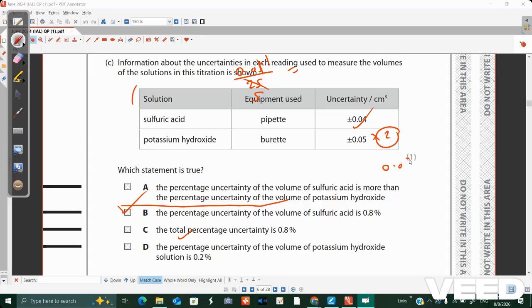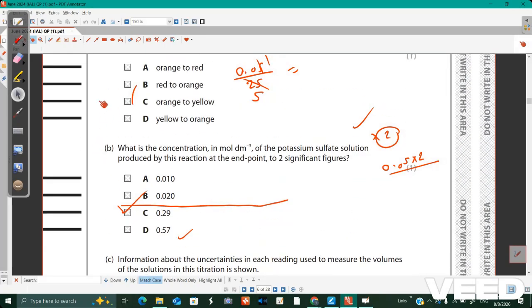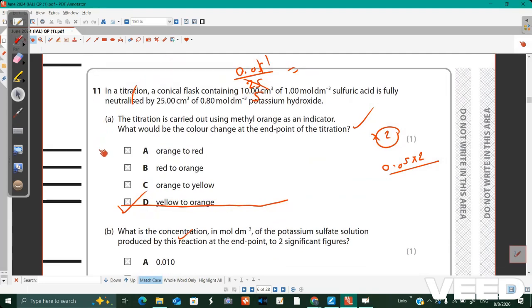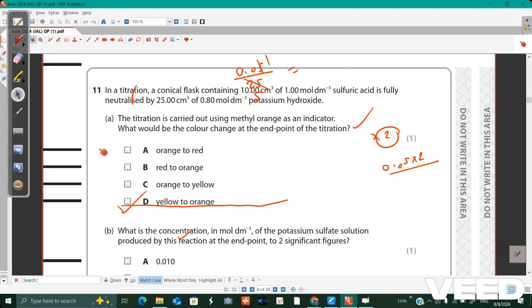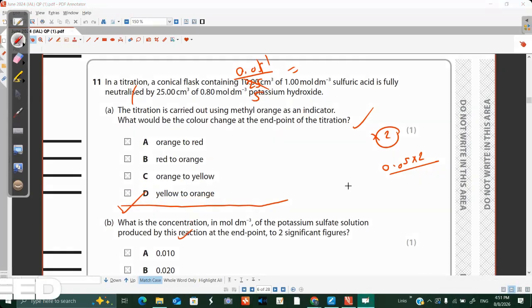So 0.05 multiplied by 2 over 25. Yeah, therefore it is 0.04 for burette also, right?